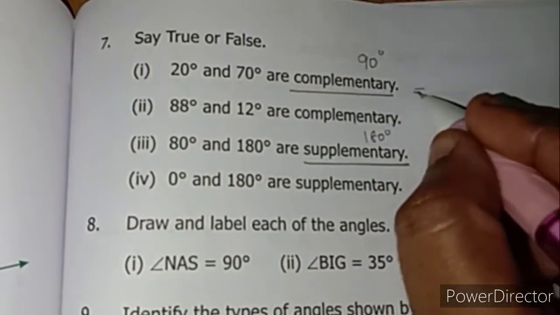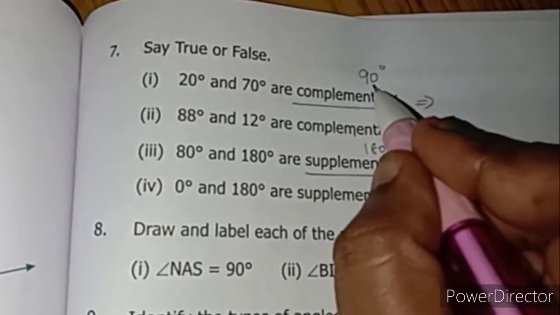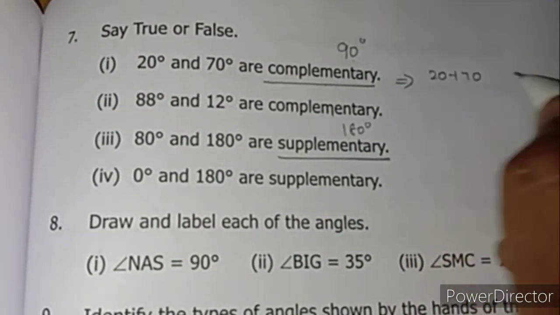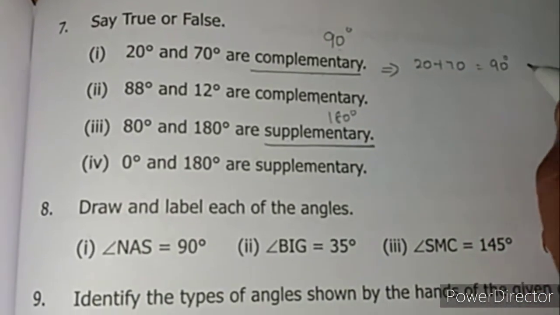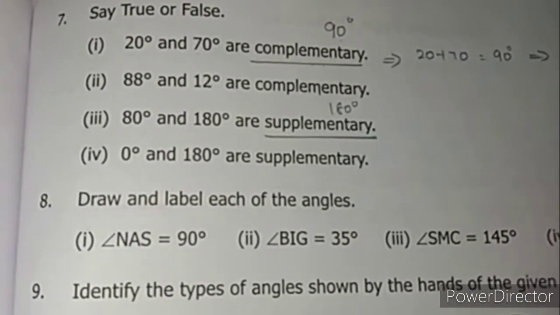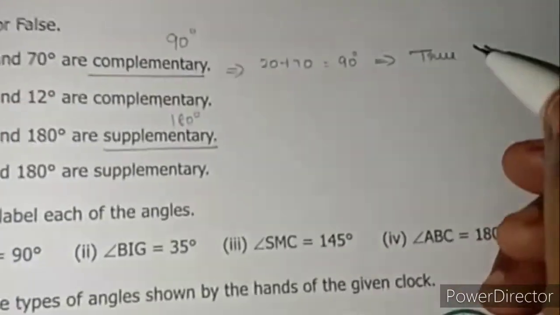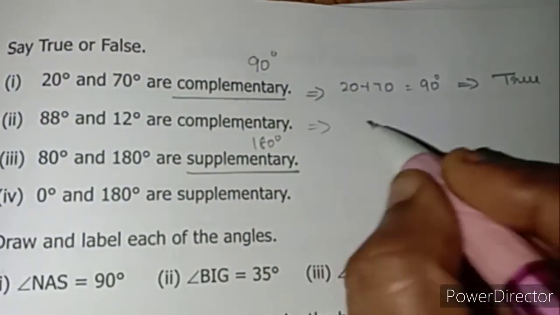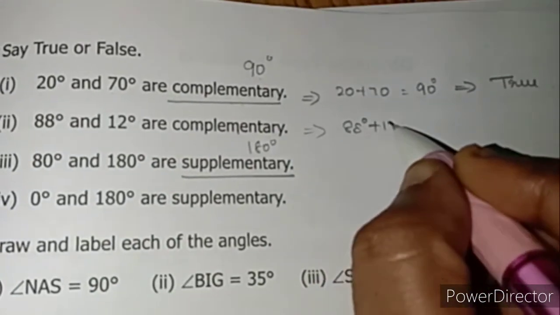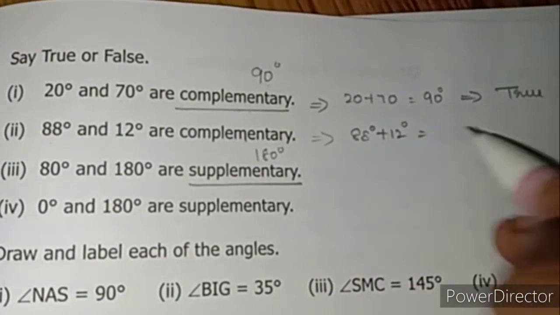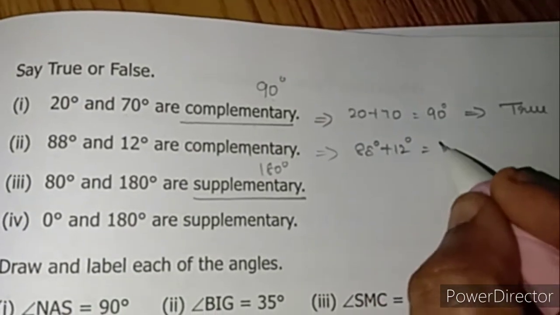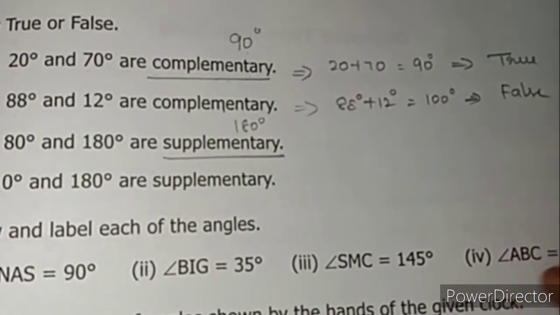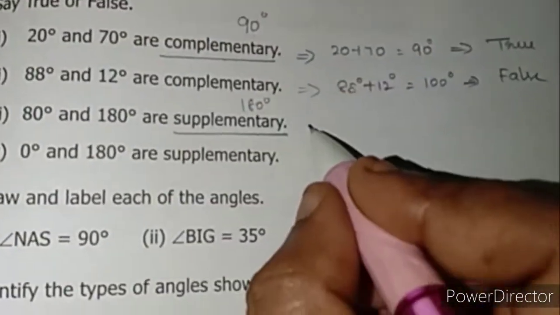What do you have to do? As I told you, complementary means 90 degree. So 20 plus 70 is 90 degree. So it is true. They are complementary. See the next one. 88 degree, 12 degree. 88 plus 12 is 100 degree. So it is false. It is not complementary.